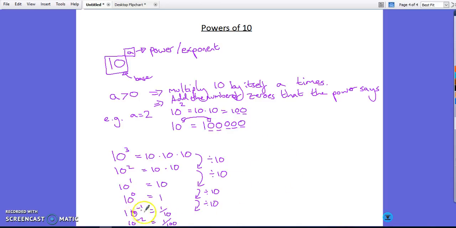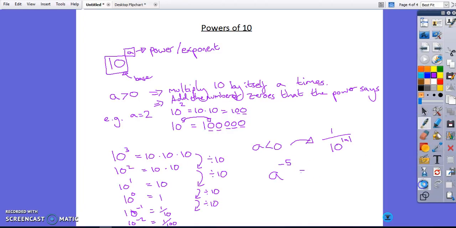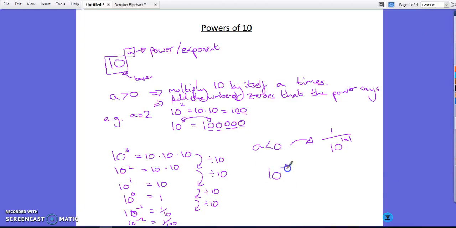And you can think of negative powers of 10. So when A is less than 0, we go to 1 over 10 to the power of the absolute value of A. So 10 to the minus 5, sorry, let me go back, 10 to the minus 5 would be 1 over 10 to the power of 5.